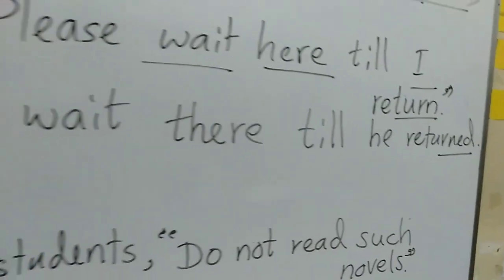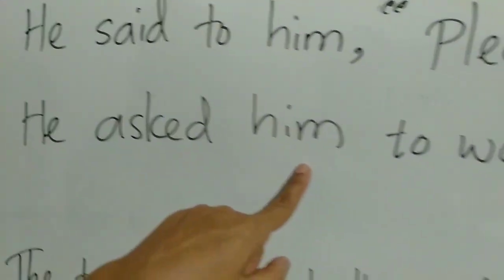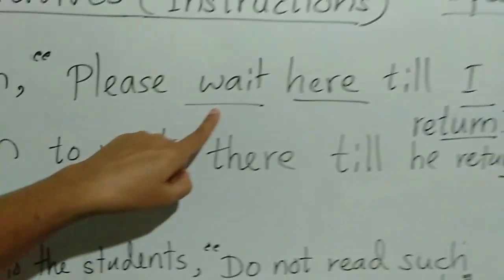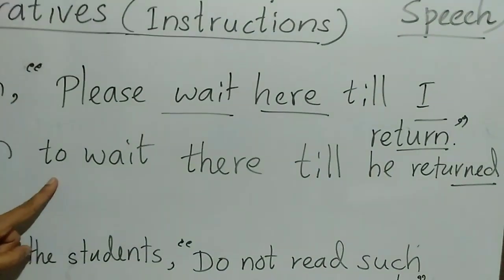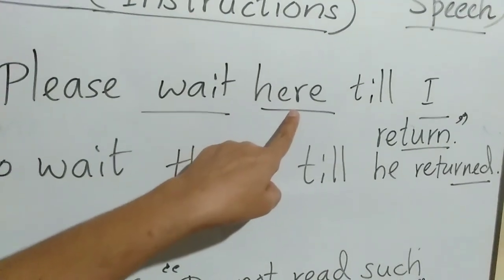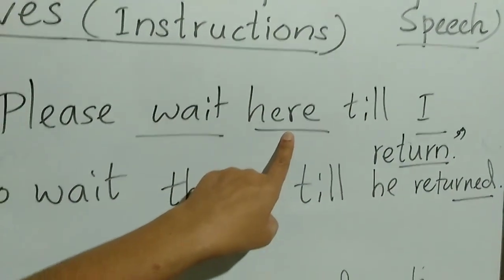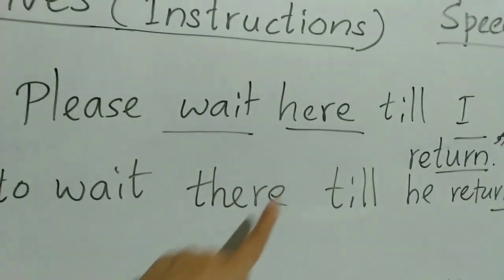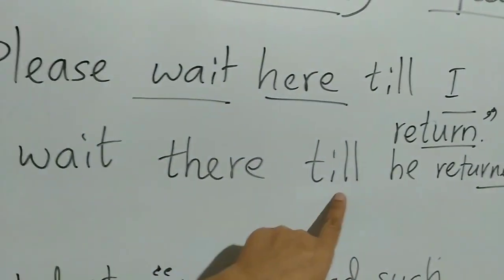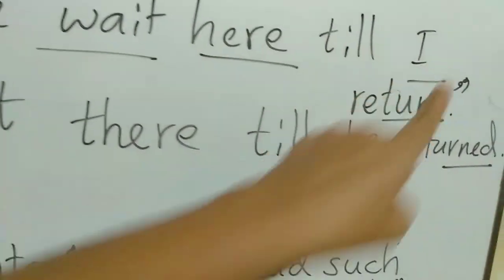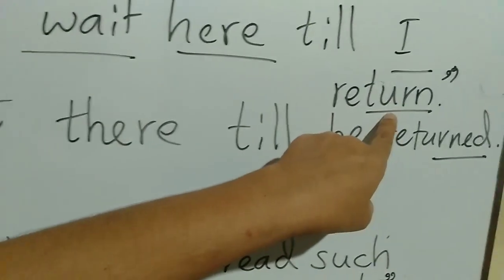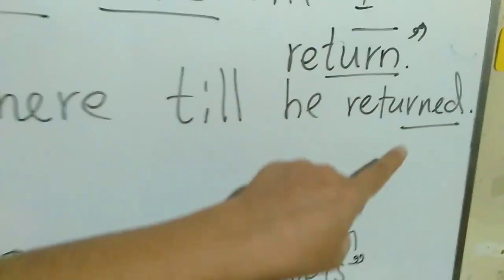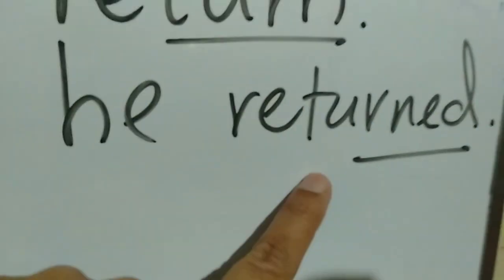You carefully examine the changes. He asked him this verb with infinitive to wait. Here, you recall the changes I have taught you earlier. There; till I will become he. This present tense into past tense. You remember that? Returned.